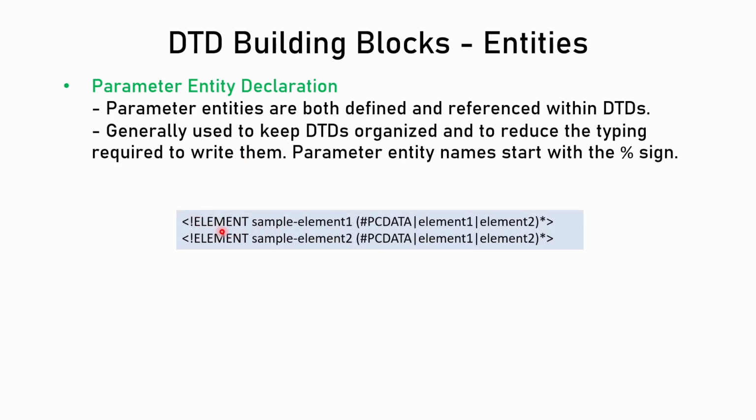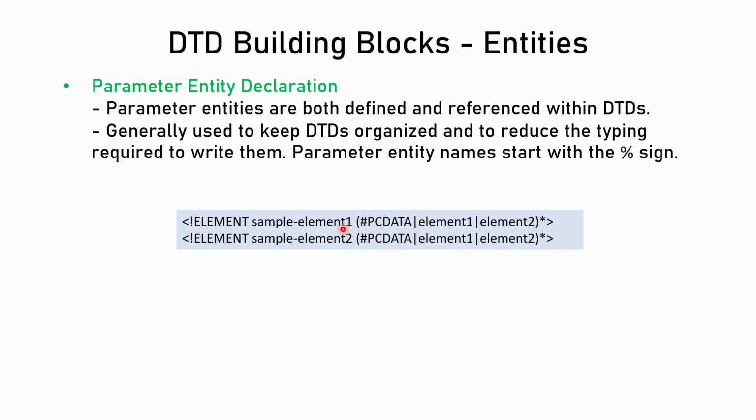Consider this. We have declared an element called sample element 1, and it is categorized as a mixed category, which is, it can be PCDATA, or it can contain other nested elements like element 1, element 2, or it can be a combination of all of this. Similarly, we have defined another element called sample element 2, and this element has also been categorized as a mixed category, like the previous one.